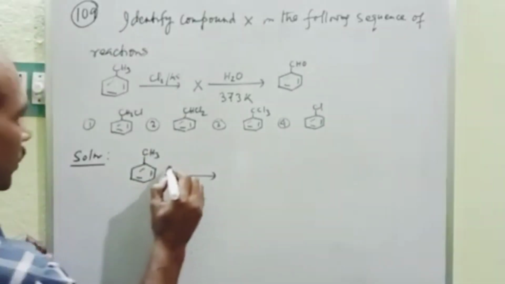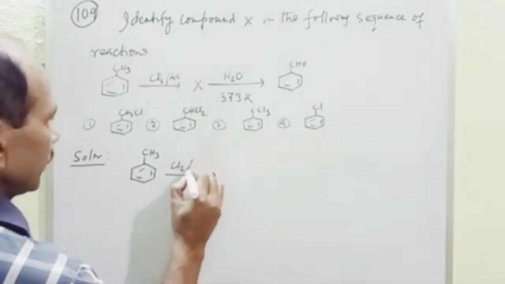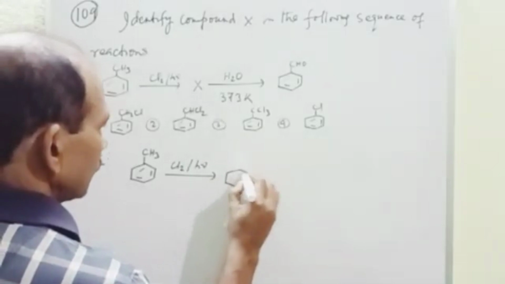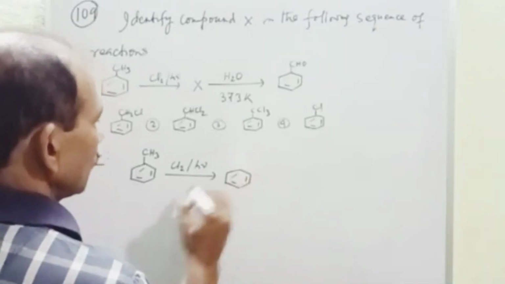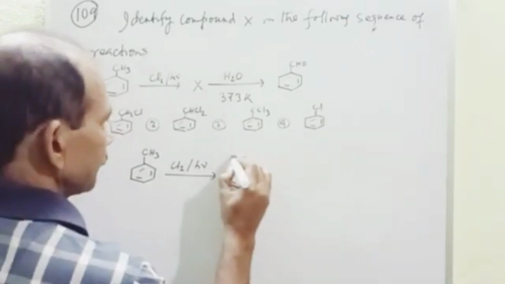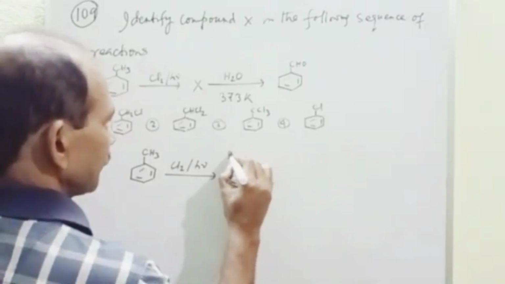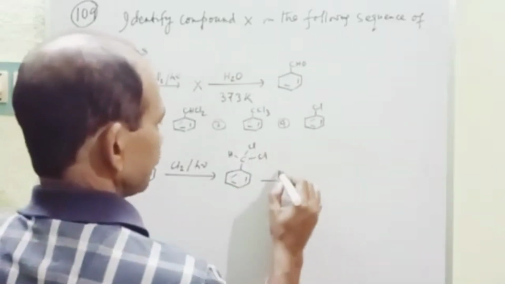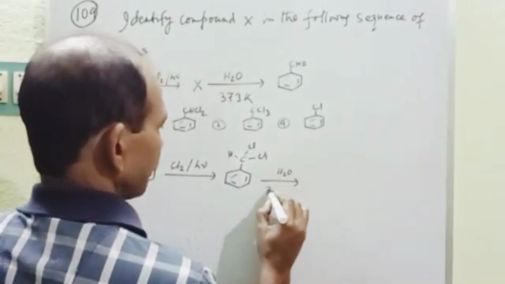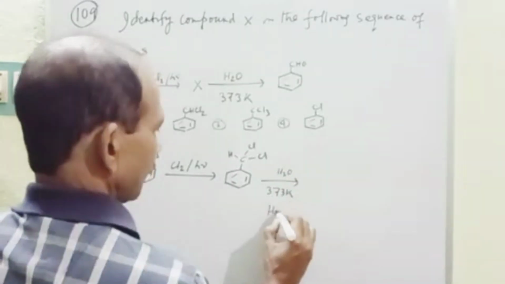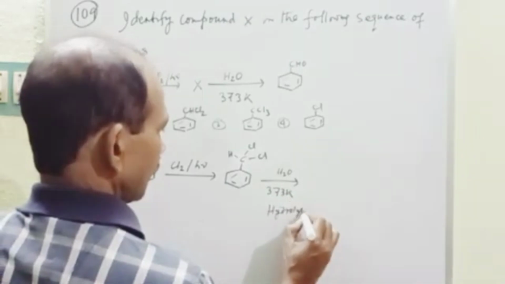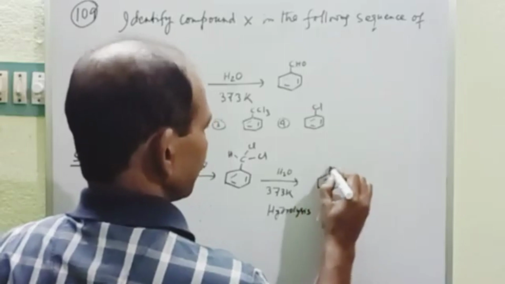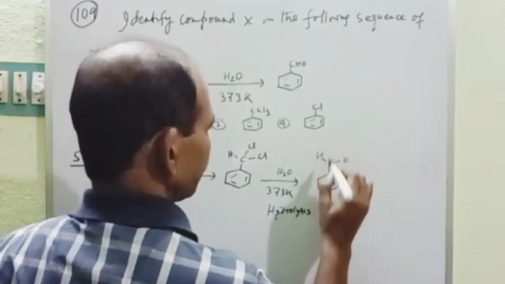When toluene reacts with chlorine in presence of light, toluene is converted to benzyl chloride, which on hydrolysis gives rise to the product benzaldehyde.